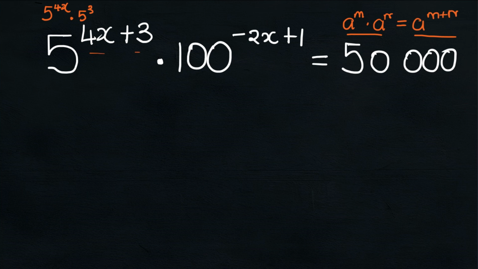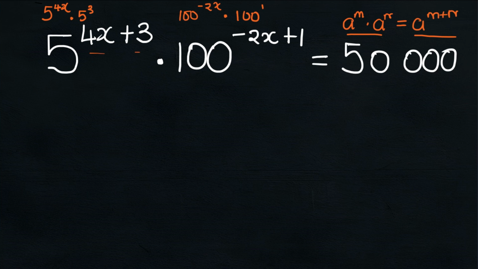So looking at 100 to the power of minus 2x plus 1, you could also write it in the form of 100 to the power of minus 2x multiplied by 100 to the power of 1.